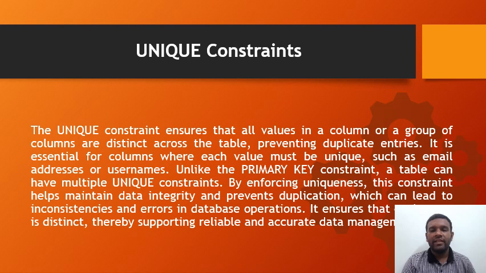Unlike the primary key constraint, a table can have multiple unique constraints. By enforcing uniqueness, this constraint helps maintain data integrity and prevents duplication, which can lead to inconsistencies and errors in database operations. It ensures that each entry is distinct, thereby supporting reliable and accurate data management. This is about the unique constraints.